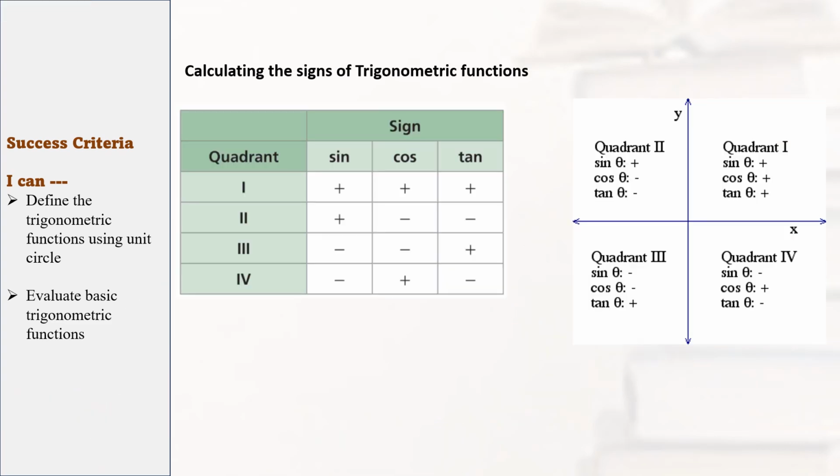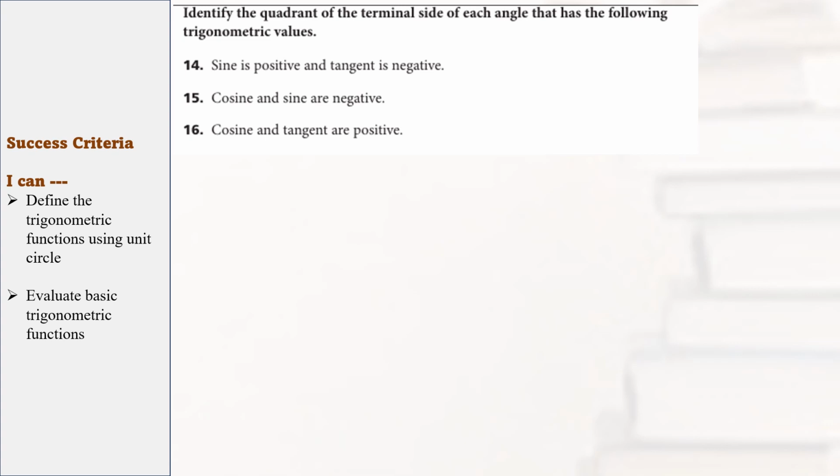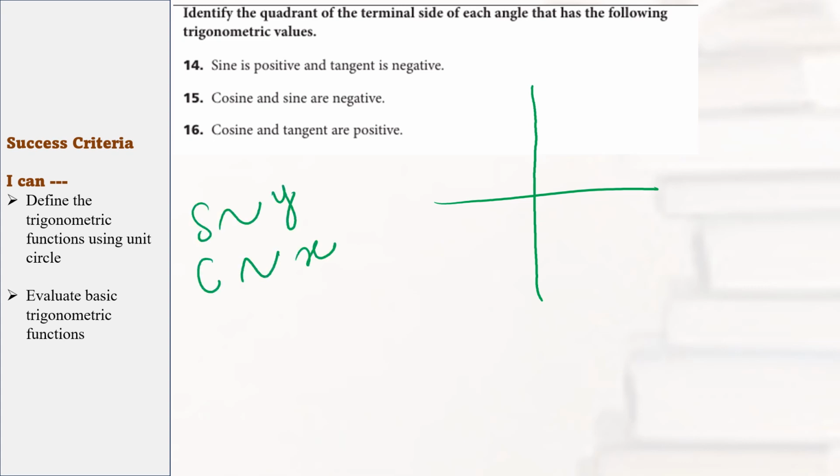So whatever I have explained, here is the detail. You can write the notes from here. Now again here sine is positive, tangent is negative. Look at this. Sine means y, cosine means x, and tangent is the combination of sine and cosine. So here it is plus and plus. Over here it is negative and positive.